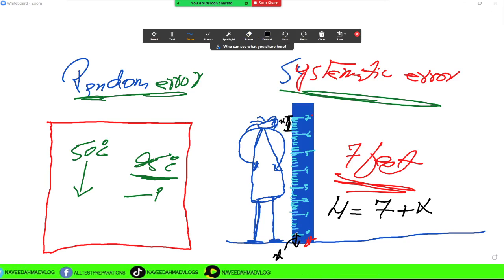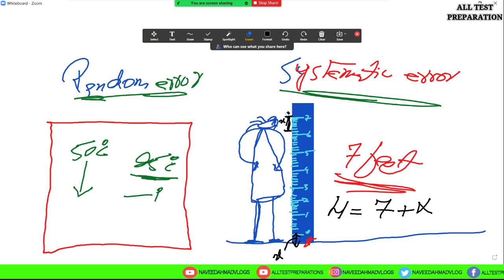If you bring this 0 to the bottom, to the ground level, then the height of this girl will be 7 point something. If that is, let's suppose 5, it will be 7.5, right?